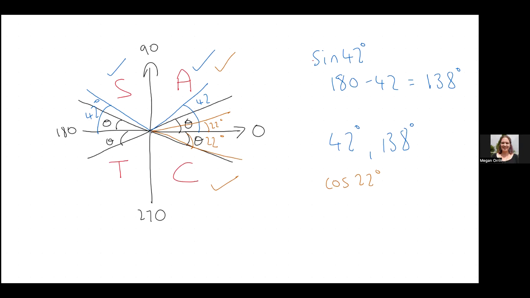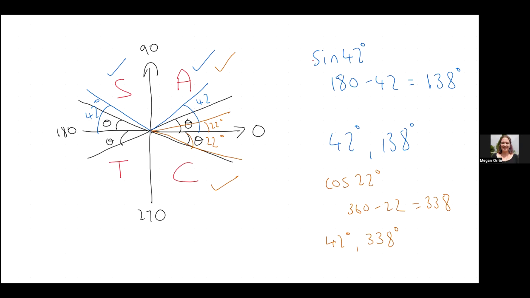So I have to go all the way around, right? So 360 degrees is the whole way around and then minus this 22 bit. So if I've got 360 minus 22, what do I have? 338. So these are the two equivalent angles that have the same value.